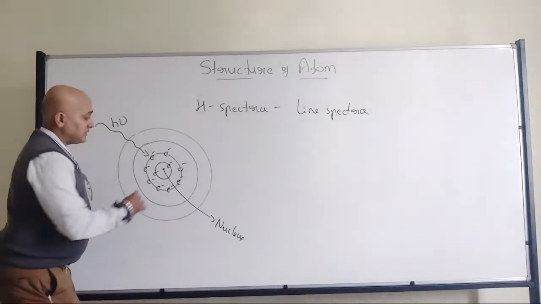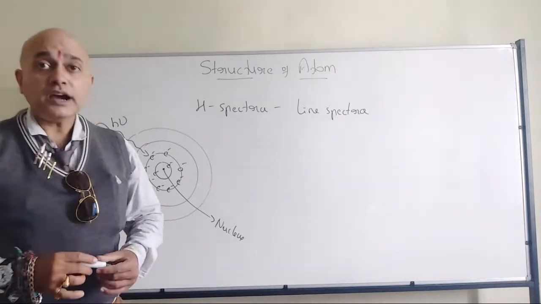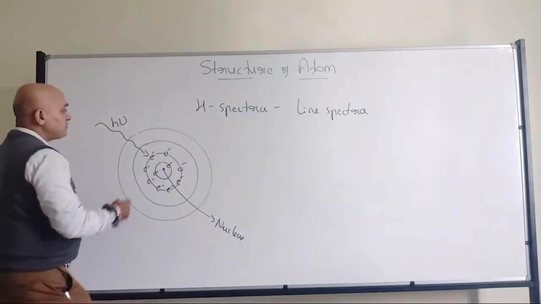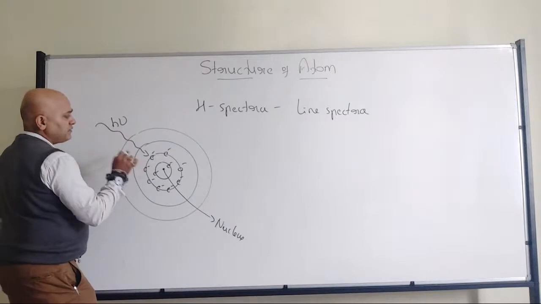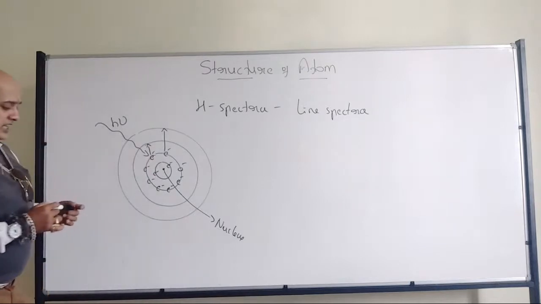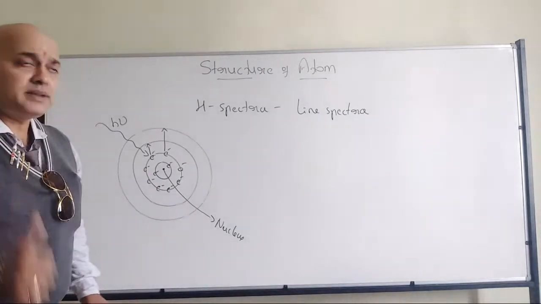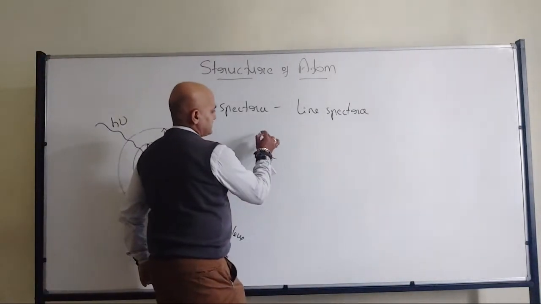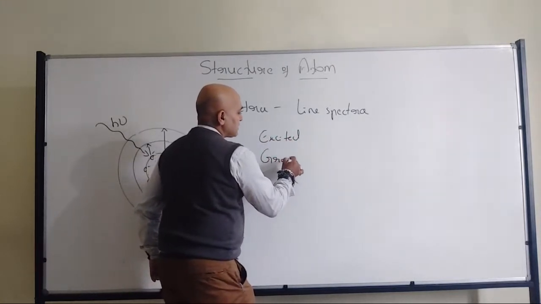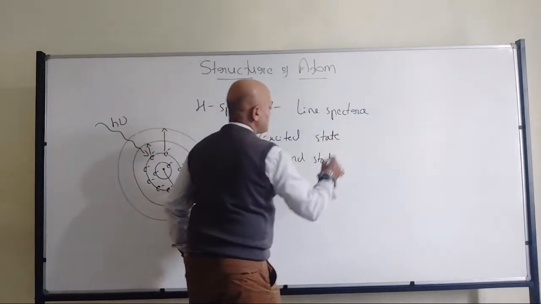Now what will happen? These electrons, whichever are exposed to the energy, are going to gain the energy. Depending on the amount of energy given to them, they will be moving to the higher energy. Please remember, we have two words: excited state and ground state.